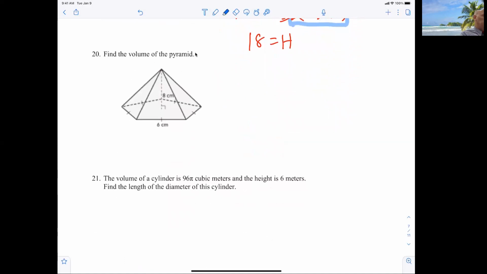Find the volume of the pyramid. Now this base is a pentagon, which is a little annoying. So it requires a little bit of work. So I want someone to tell me the final answer. Volume is what?